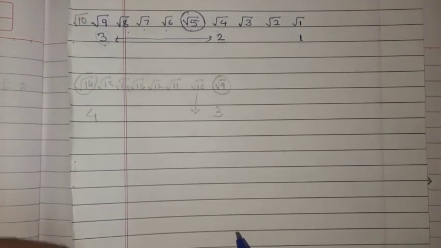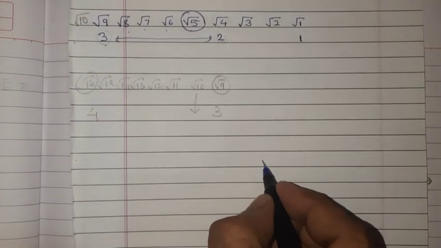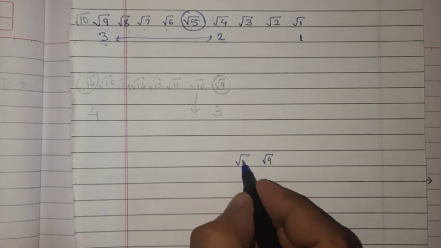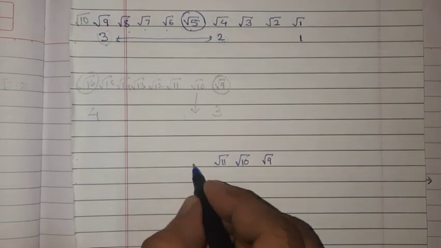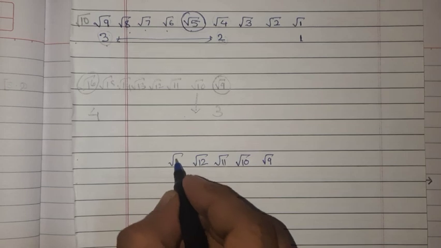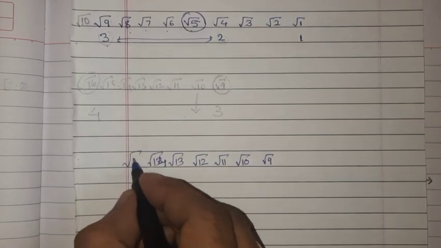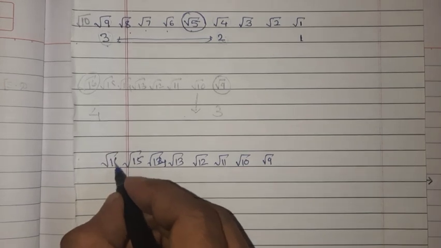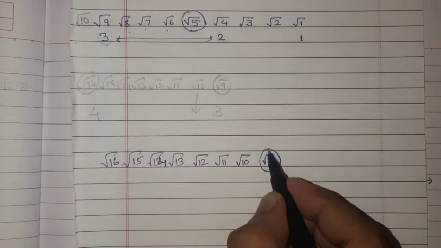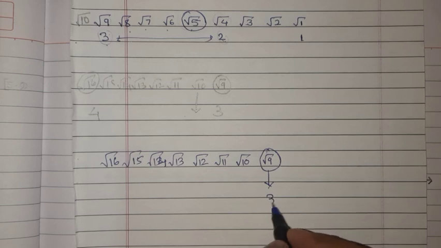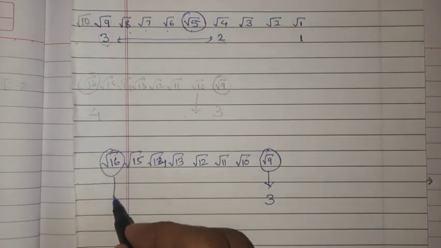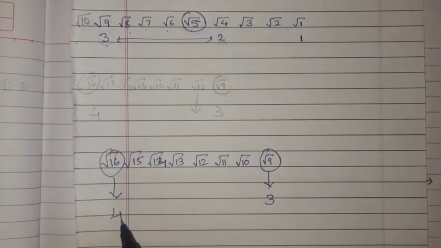For that purpose, see dear students, here root 9 is there, here root 10 is there, root 11, root 12, root 13, root 14, root 15 and root 16. Out of this we can take the square root of 9, it is 3, and the square root of 16, it is 4.